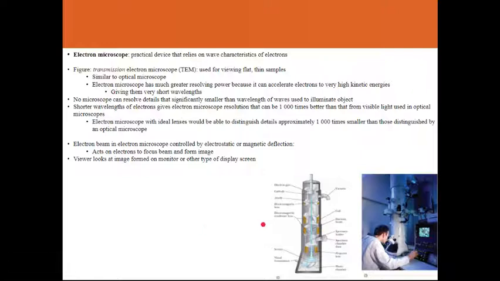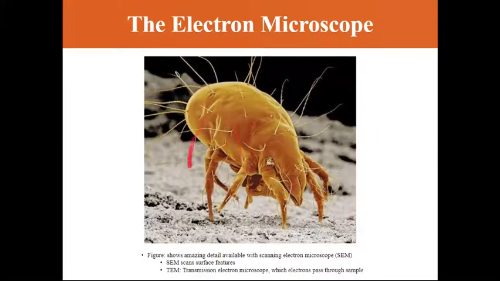So that's what lets you scan over tiny things with your electron microscope and see really small things, because now you can see things the size of an electron's wavelength, which is why you can image microscopic bacteria like this little guy.